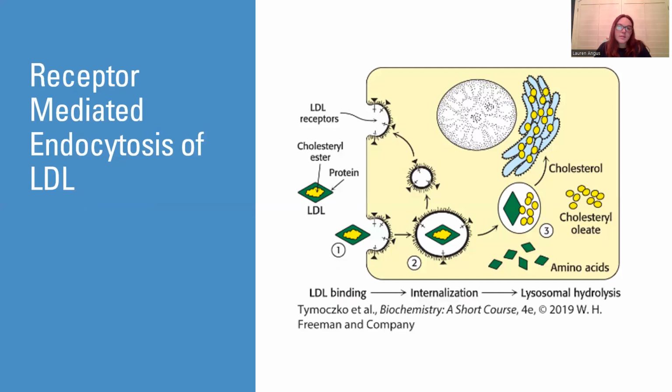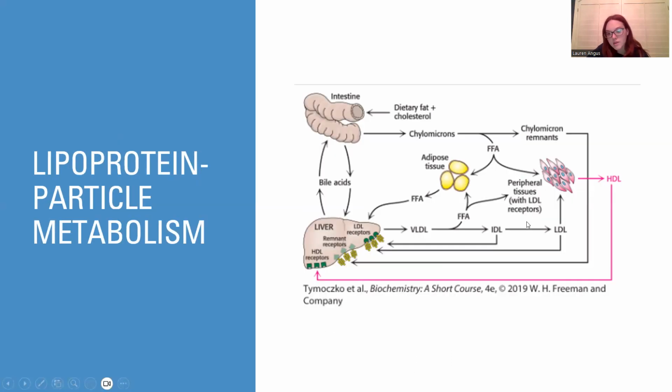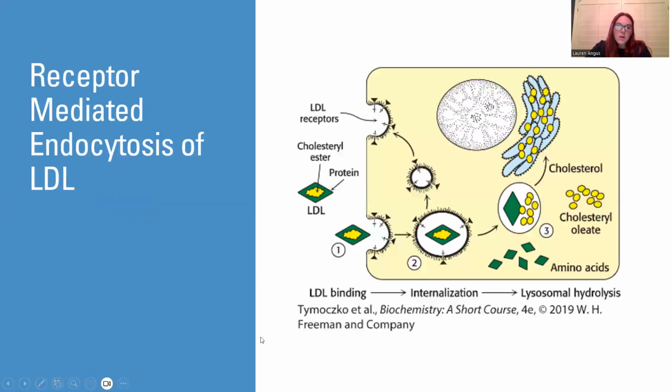All right, so kind of diving into our LDL receptors that are on the peripheral tissues and the liver, those little receptors, right? Looking at the process of that, you have endocytosis of LDL in order to create cholesterol that can be used either for integration into the membrane or as storage of cholesterol.